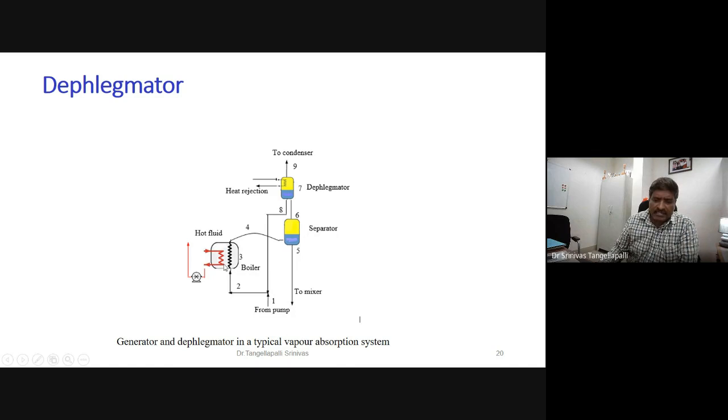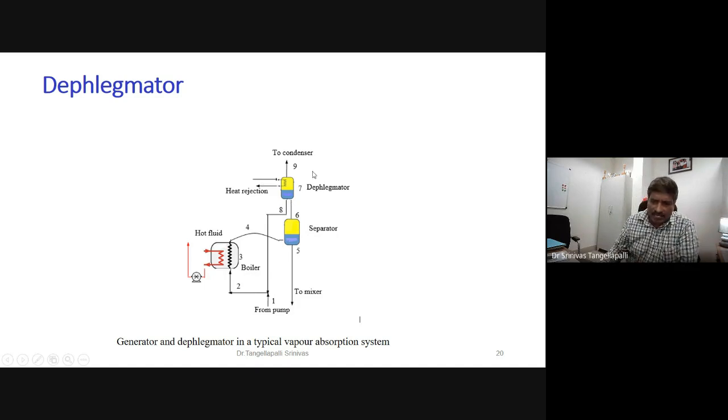The liquid is converted into a liquid-vapor mixture by absorbing heat, maybe from outside, renewable or non-renewable energy. The liquid is converted into liquid plus vapor. The liquid has been separated. It is also called weak solution because of lower concentration, and this vapor alone we are using as the main working fluid in the system.